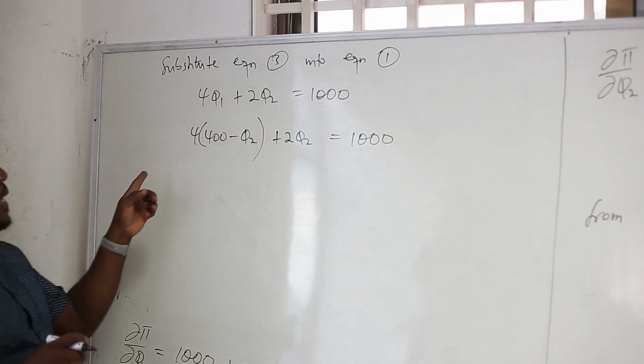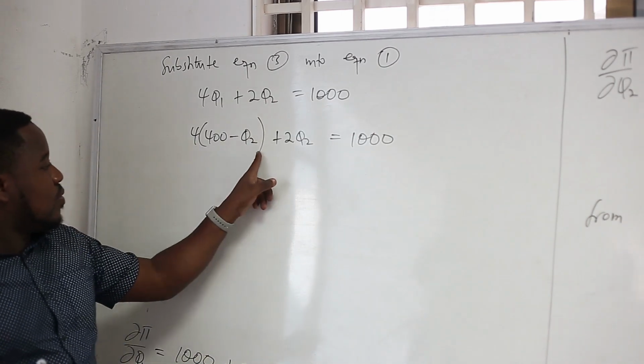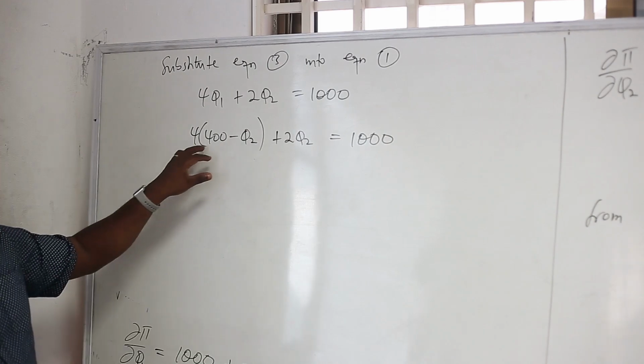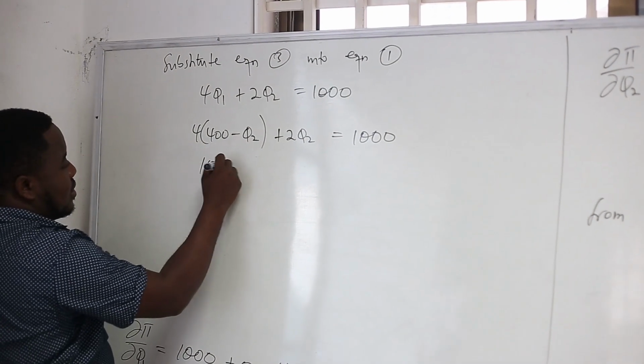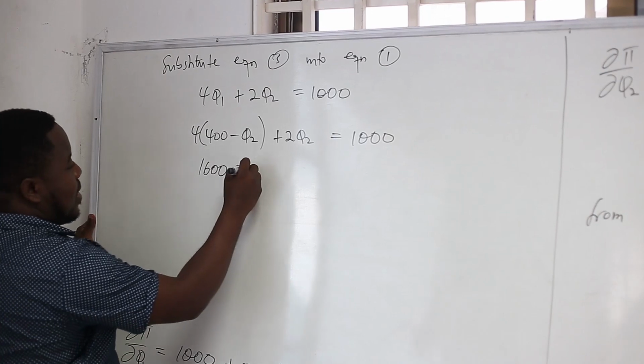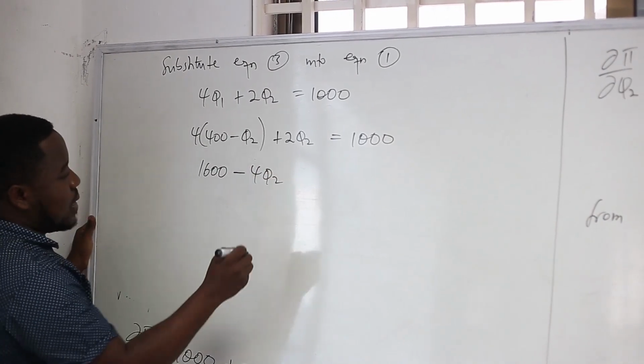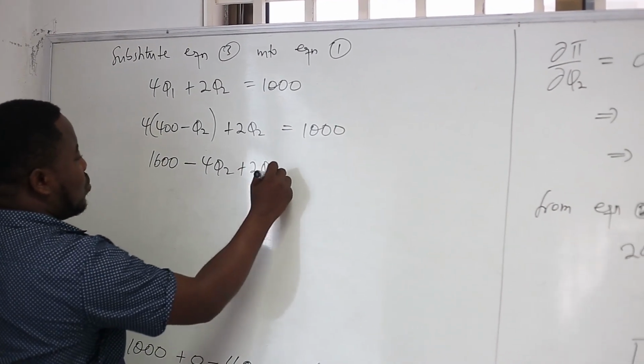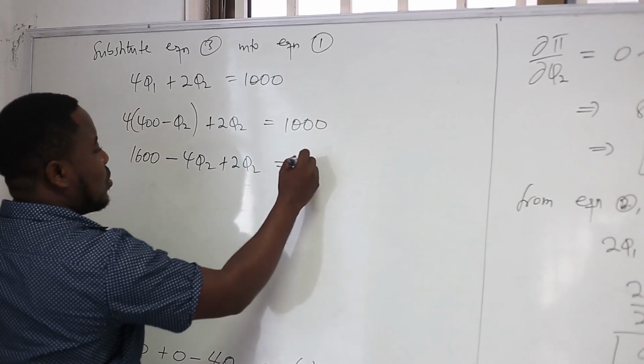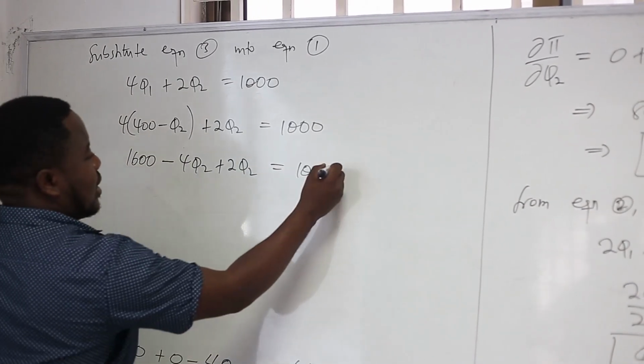So this has become a simple linear equation. What I have to do first is to expand. 1600 minus 4Q2 plus 2Q2 is equal to 1000.